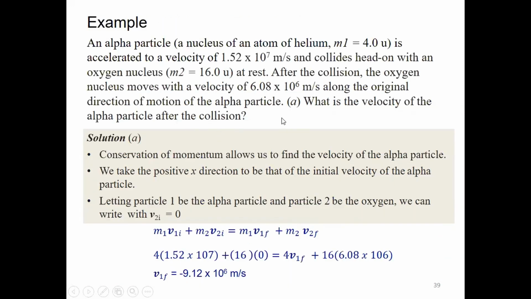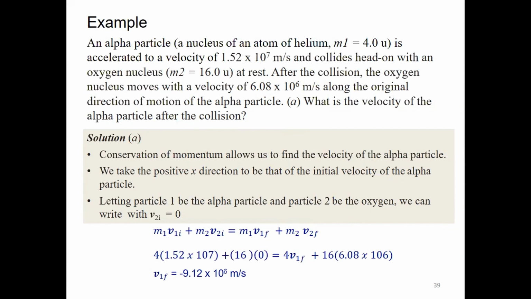Let us do an example. We have already seen it in modern physics, but we will do it from the other point of view, that is the change in the momentum.